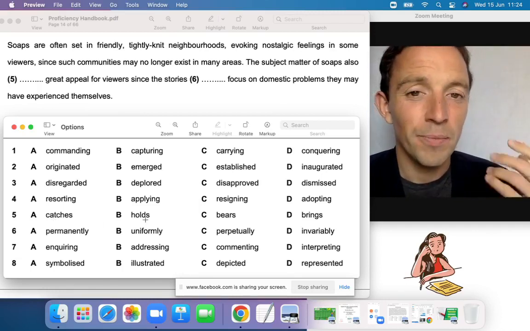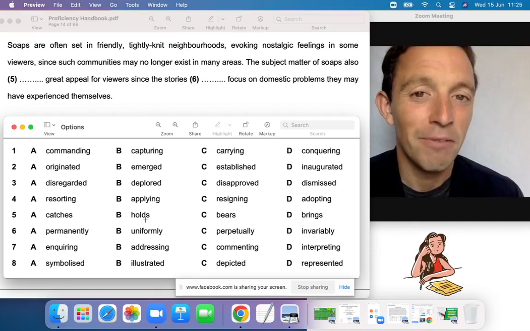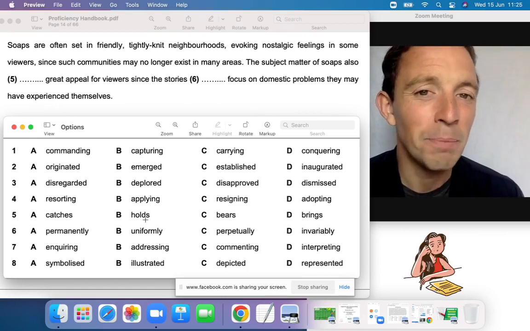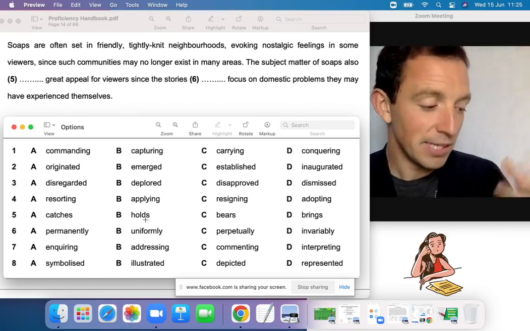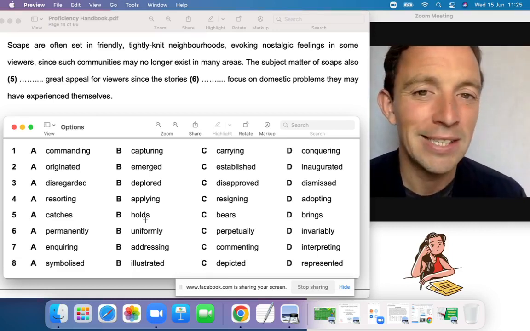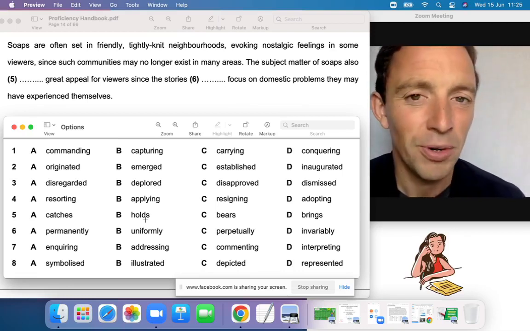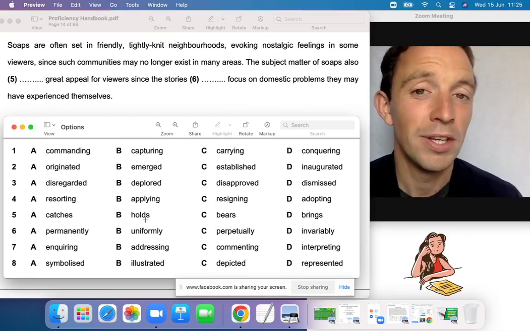Holds, very important. Holds is like possesses. For instance, I hold a passport, an Irish passport. That means I possess. Obviously I can hold a bottle, literal hold, but hold also means possess. So you hold the passport, and that means you own the passport.